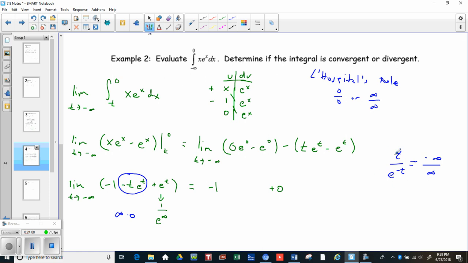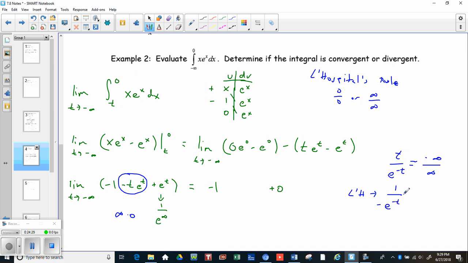If I use L'Hopital's rule, what it says is this. If I take the derivative of the top and the bottom separately and then reapply the limit, it's the same thing as applying the limit in this form, but we might actually get a finite value. So if I use L'Hopital's rule, I'm going to take the derivative of the top, which is 1, and the derivative of e to the negative t on the bottom is negative e to the negative t.